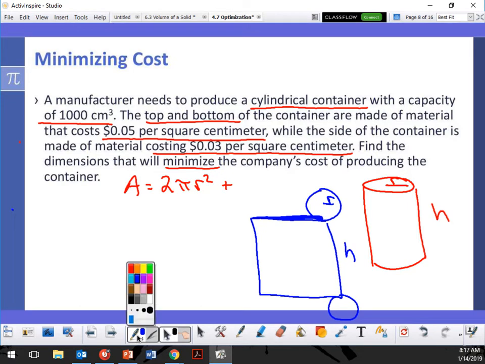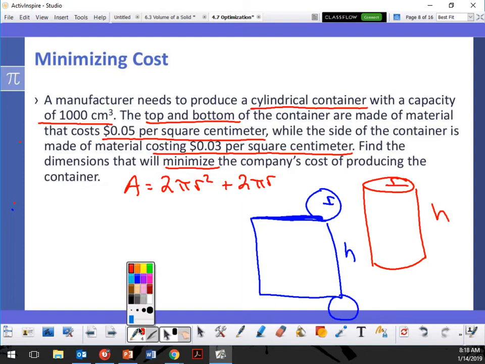So my formula for circumference is what? Isn't it 2 pi r? Yep, 2 pi r. So that's what this is right here.